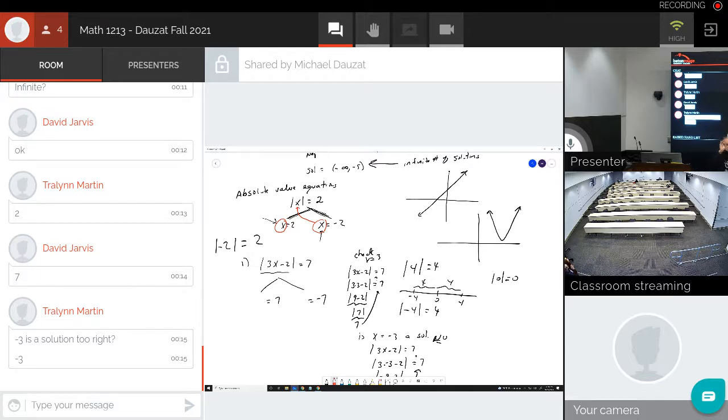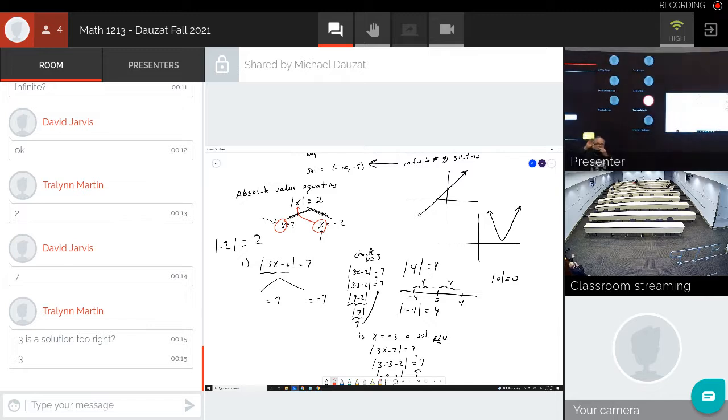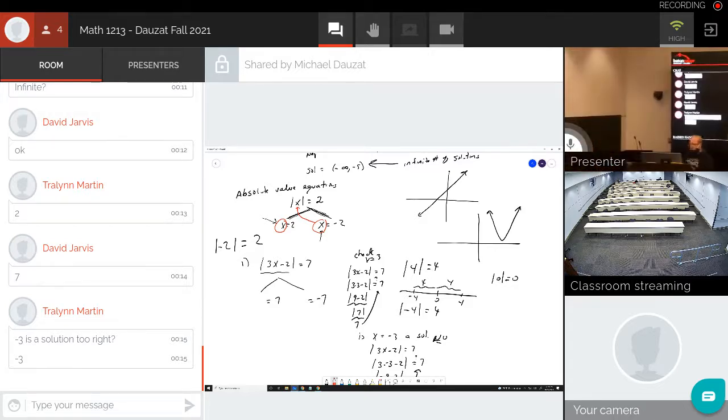Just x. In this example here, what expression is within the absolute value bars? 3x minus 2. And so that's what you write on the other side. 3x minus 2.